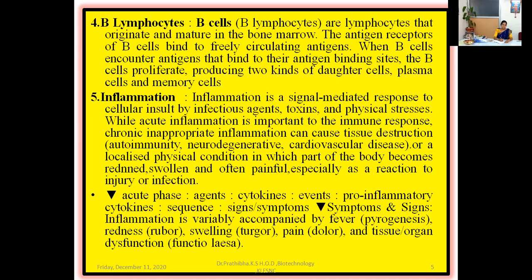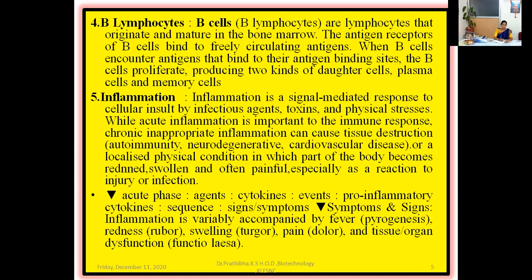Further, fifth question, inflammation. Inflammation is a signal mediated response to cellular insult by infectious antigens, toxins, and physical stresses. While acute inflammation is important to the immune response, chronic inappropriate inflammation can cause tissue destruction.